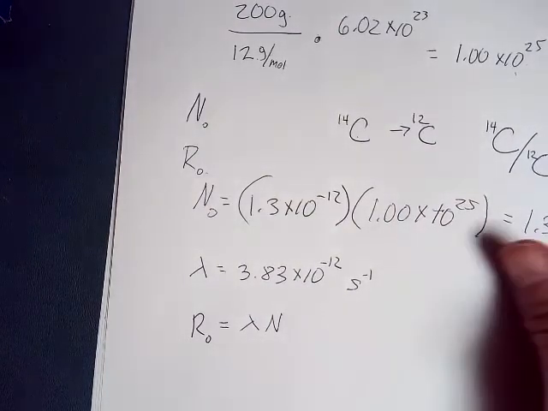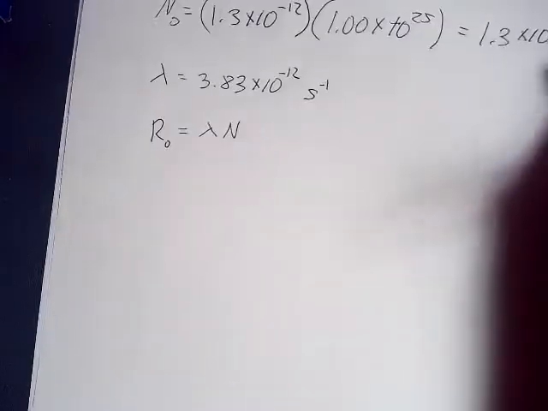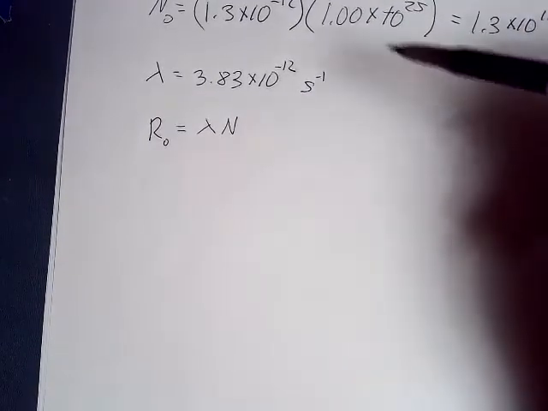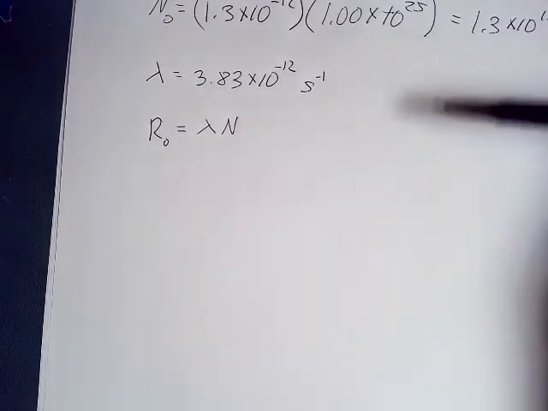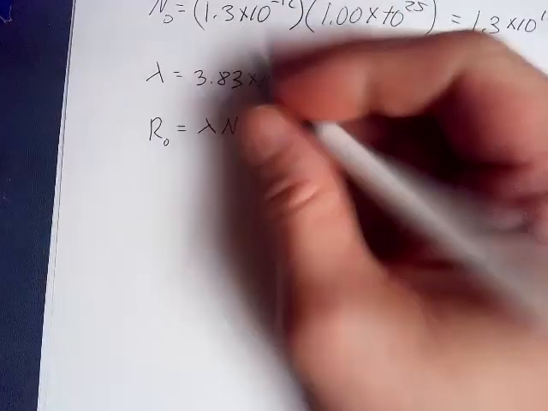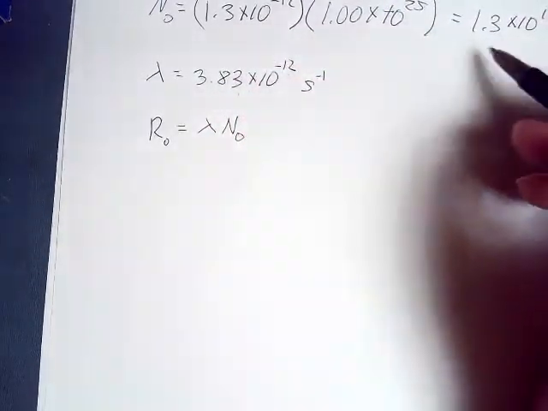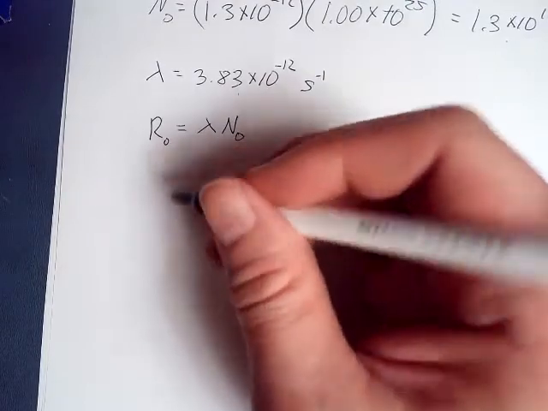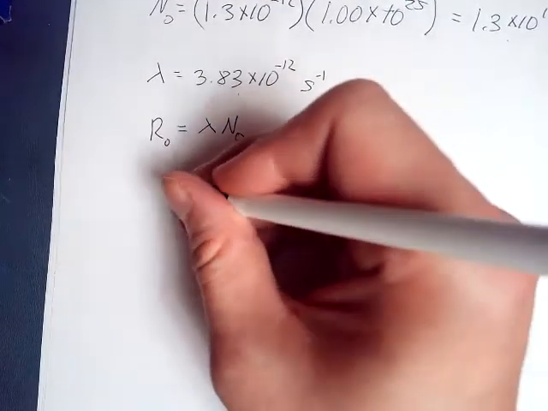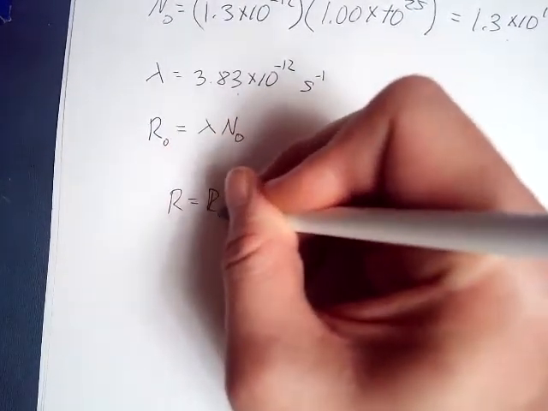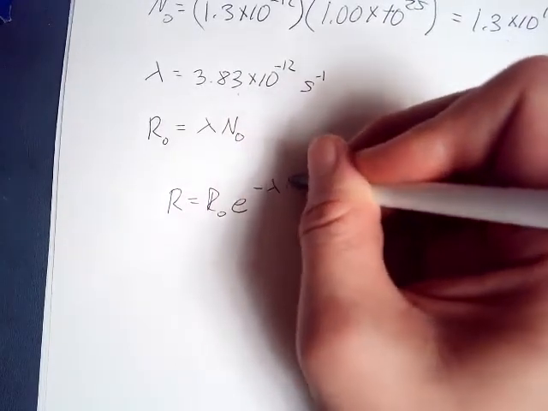I know this is seeming like a very extended problem, but when you go through this a few times and see how it works, R naught. So this times that is our R naught, and then all you got to do is plug this in now into t.